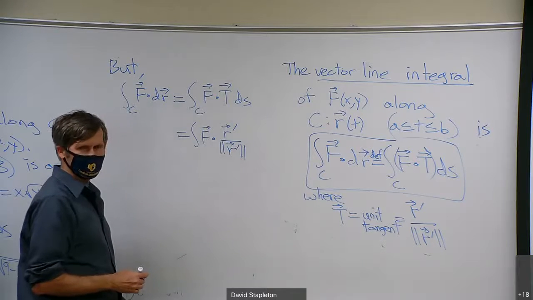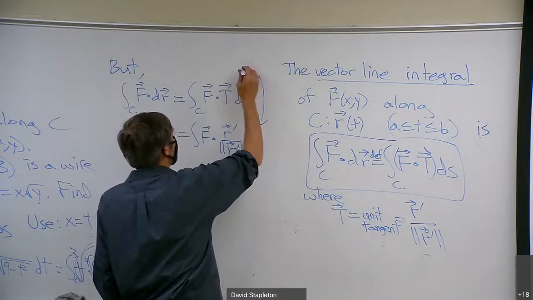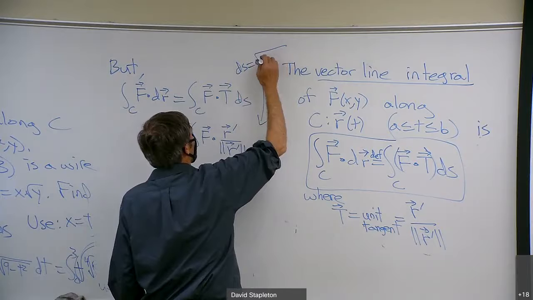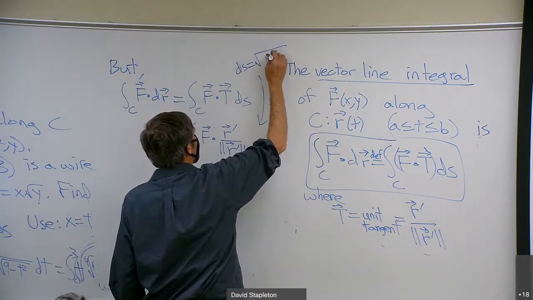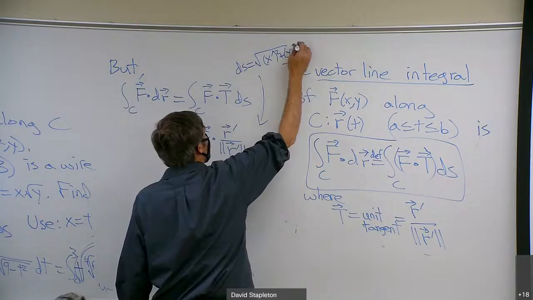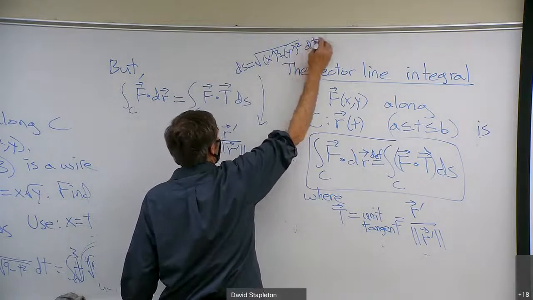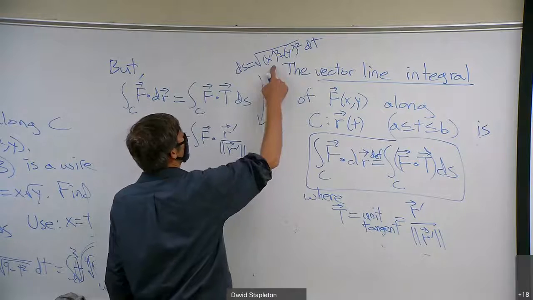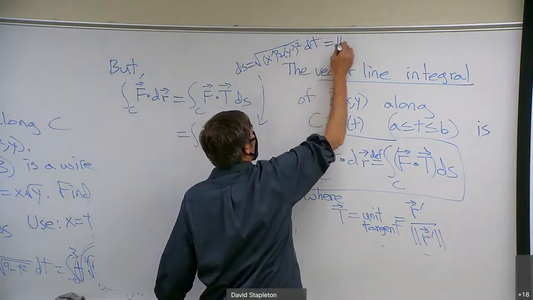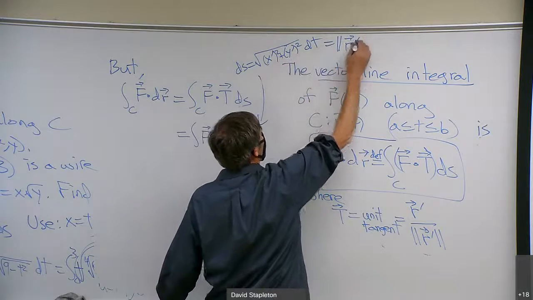And what's ds? ds, we said, could be written as the square root of x prime squared plus y prime squared, right, dx dt squared plus dy dt squared, dt. So, but what is this? This is actually the length of r prime. It's the x component squared plus the y component squared of r prime.